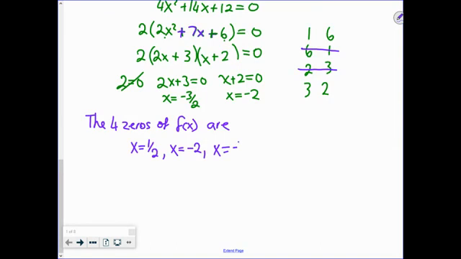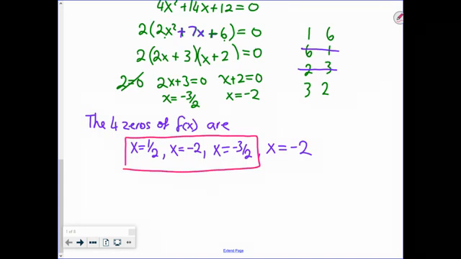X equals negative 3 over 2, and x equals negative 2 again. So what we've actually got, there are 4 zeros, but one of them repeats. This one repeats.